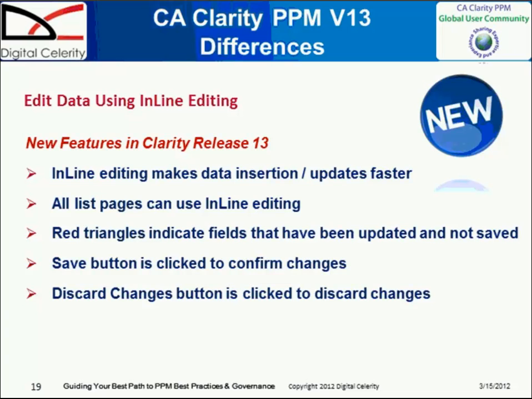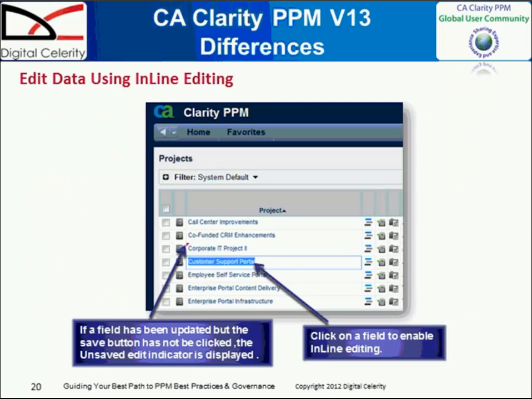So like I said, you click the Save button to confirm the change, and you discard by just going back to the display mode. And in some cases, there is a discard button as well. In the Gantt chart, there is a discard button. Okay, so this is what an inline edit looks like.